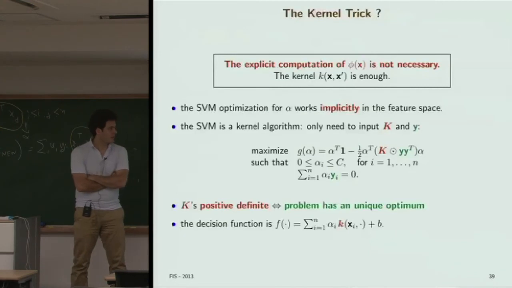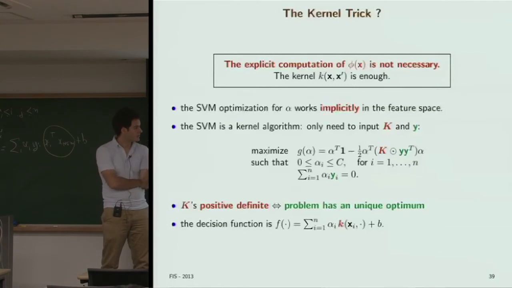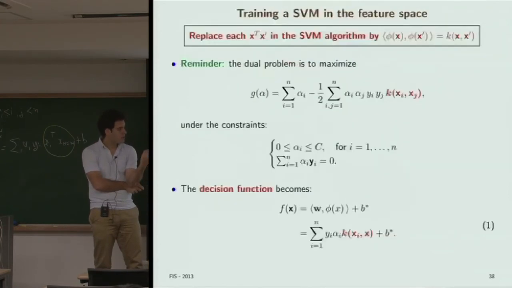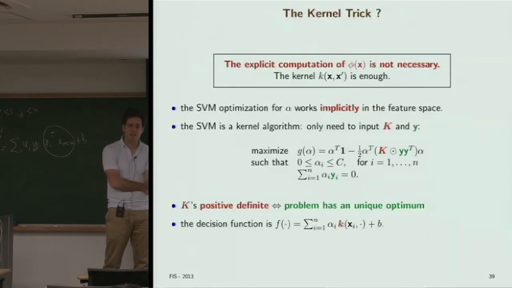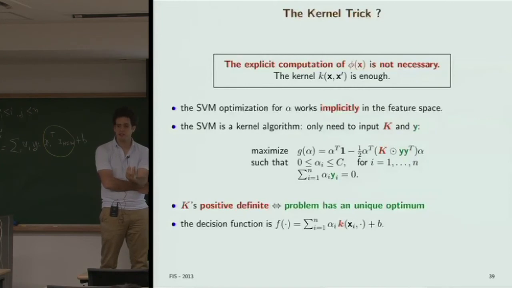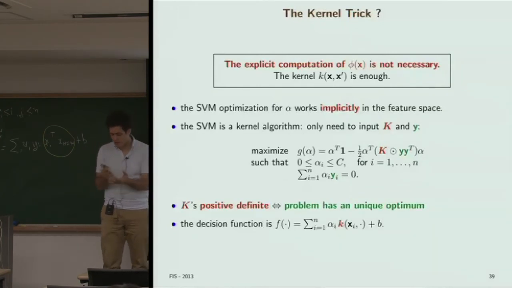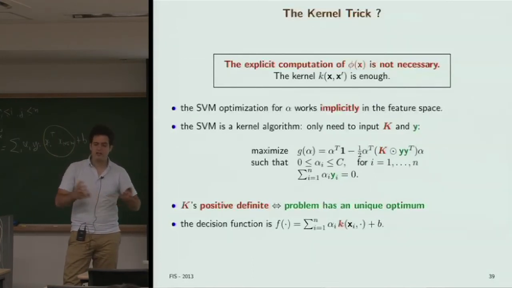Why is that interesting? Not only can I substitute the regular dot product by this new dot product, but I never need explicit access to the feature representation of x. The only thing I care about is the dot product between phi of x and phi of x prime. Imagine I design a phi which is a very long, infinite dimensional vector.